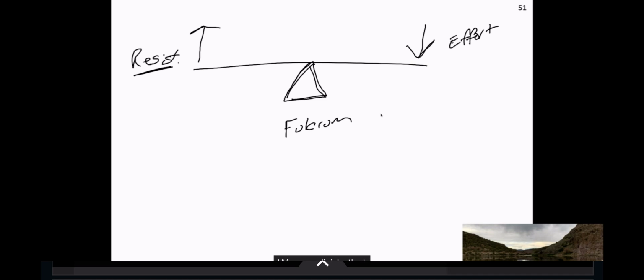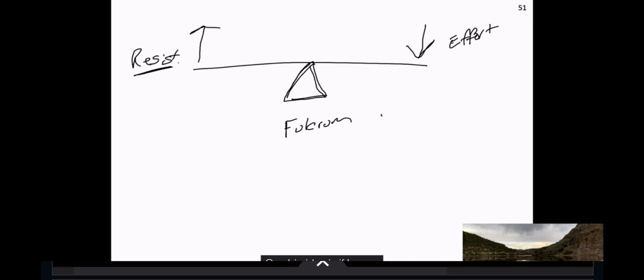And we can divide that lever arm depending on whether it's connected to resistance or effort. And so in this example, everything from here to here is the resistance arm. Everything between where the resistance and the fulcrum meet. And then everything between here to here would be the effort arm.